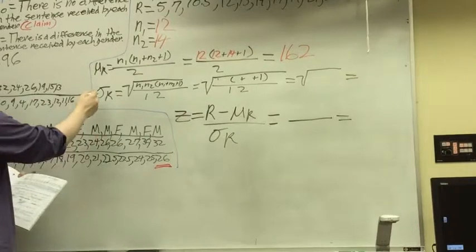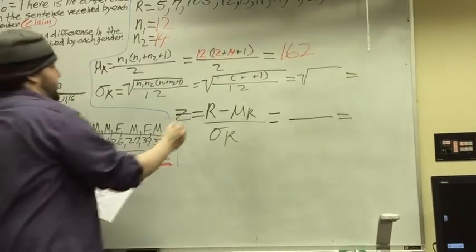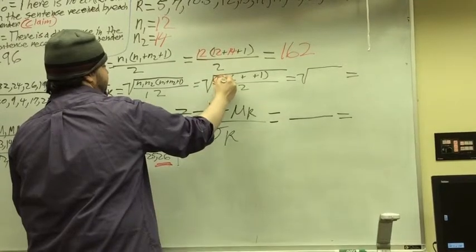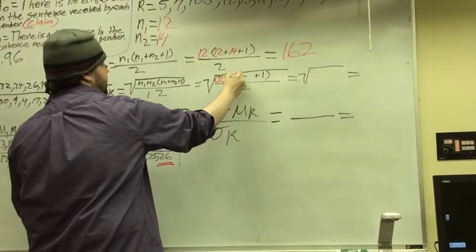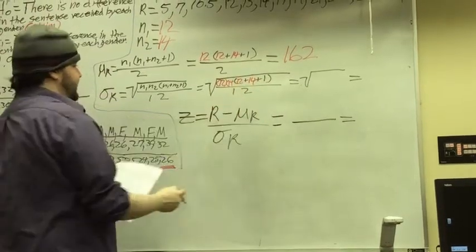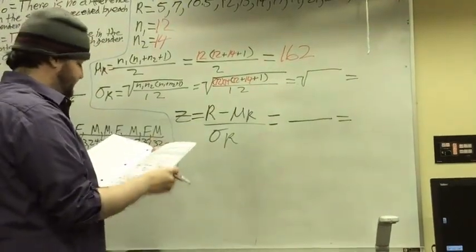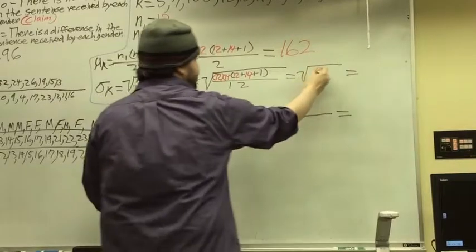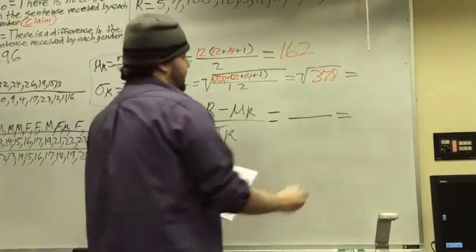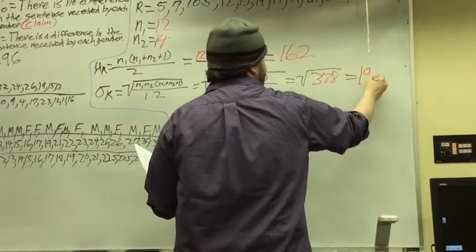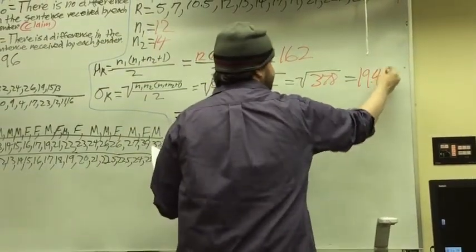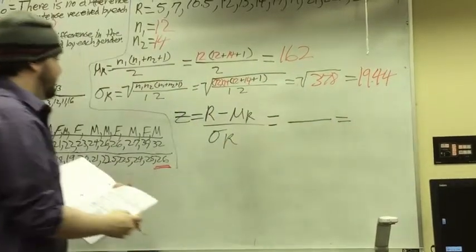And we go down here to sigma sub r and put in all of our values again. 12 times 14, 12 plus 14 plus 1, quantity divided by 12, which will give us 378. We take the square root of that, and we get 19 point, a really long decimal that we're going to just round to 2 decimal places, so 19.44.